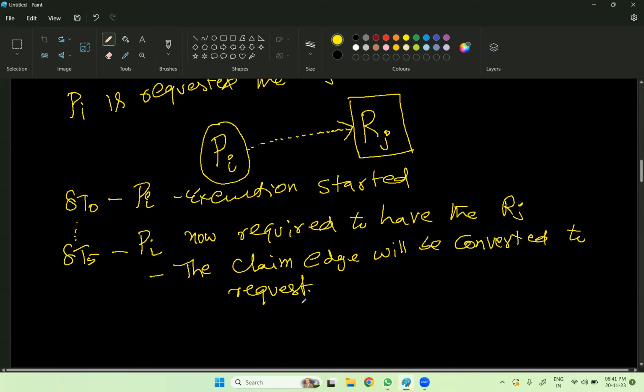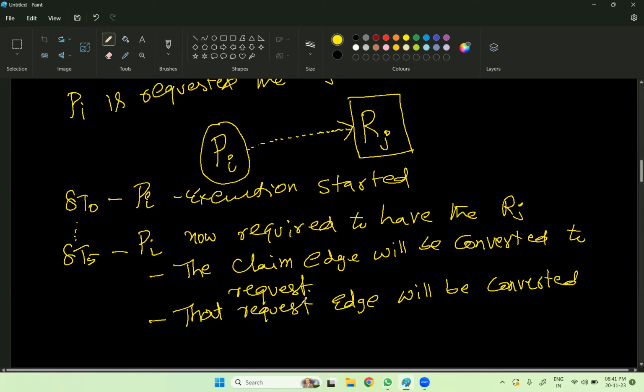After the claim edge is converted into a request edge, that request edge will immediately be converted to an assignment edge. Yes, an assignment edge.